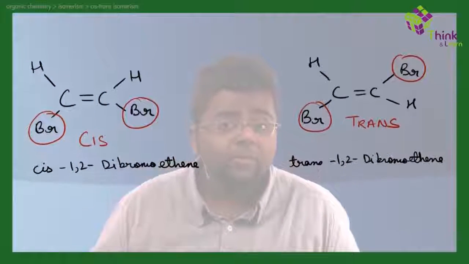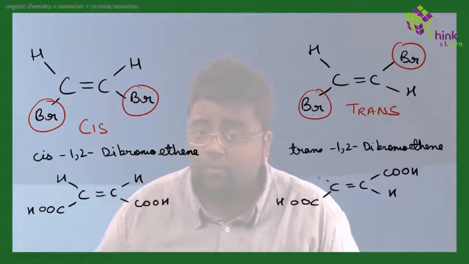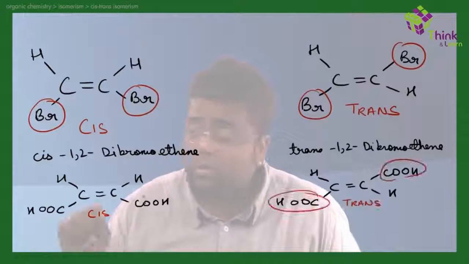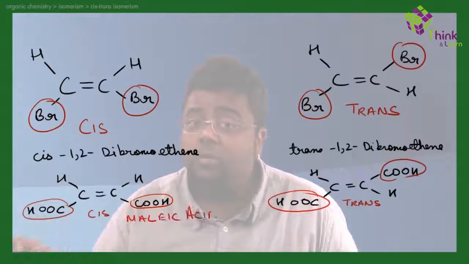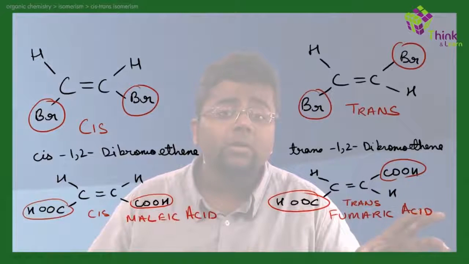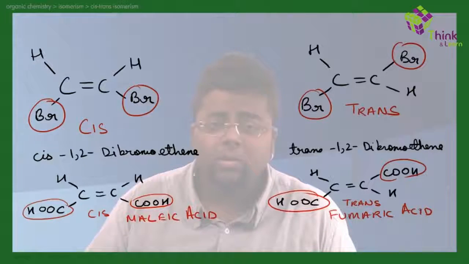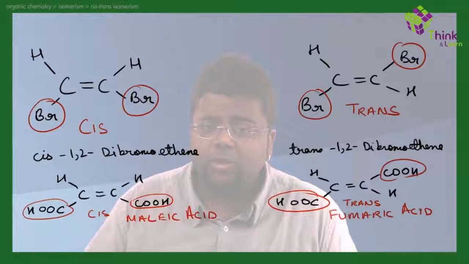That's it. If I take one more acid, you see, I've just flipped. This acid is actually called the maleic acid because this is the cis isomer, and this is called the fumaric acid, which is a trans product. Will the properties be same? I don't think so.